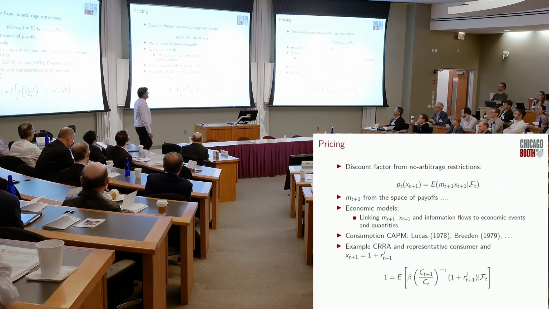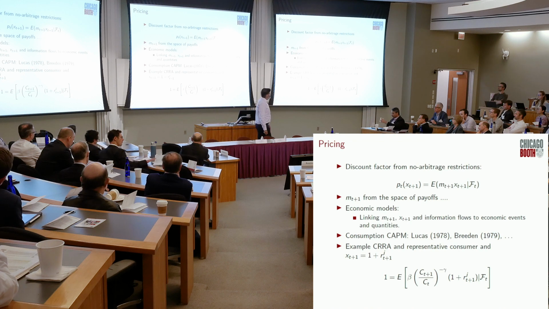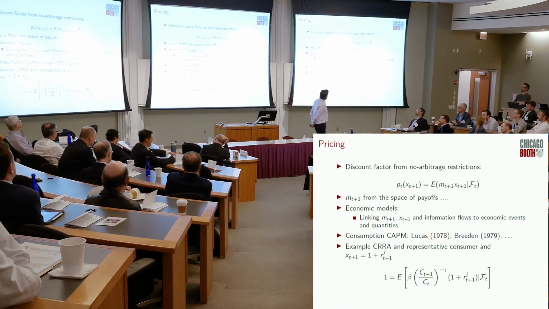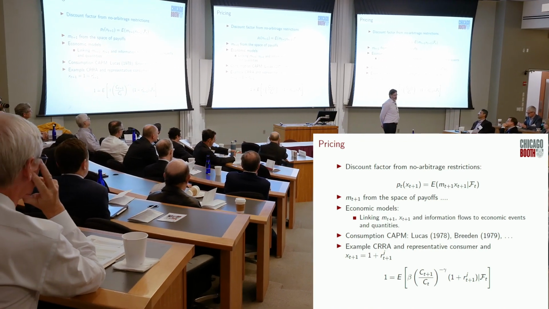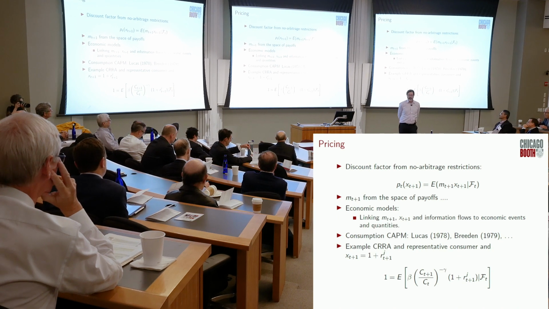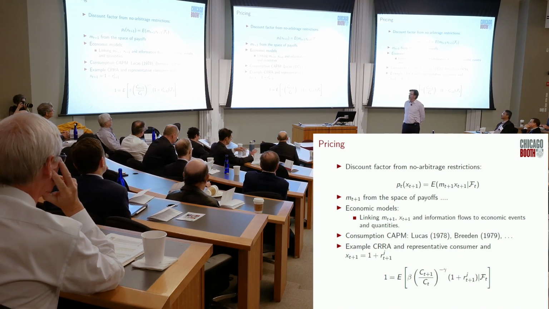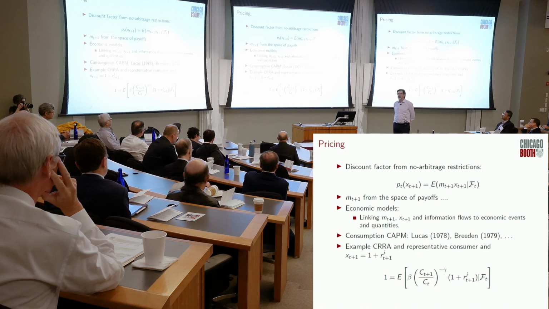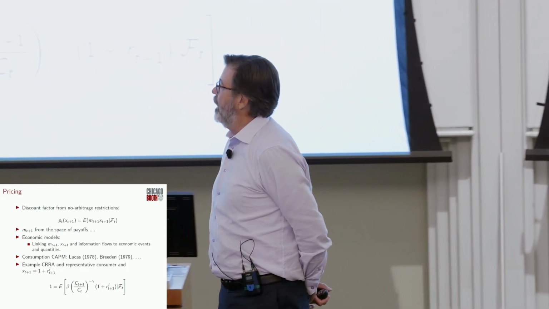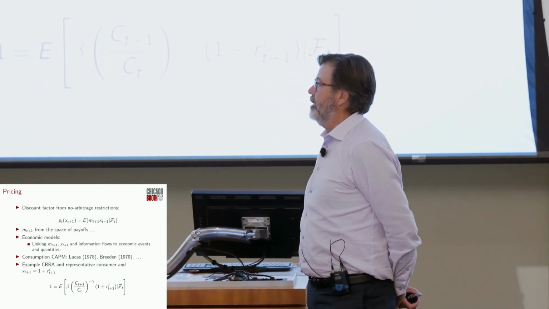Okay, so this is what Kent just talked about, really. We have this pricing kernel. We're trying to price, and I'm going to write this as price instead of talking about excess returns. The price of a security should be the expected value of this pricing kernel, discounting some payoff, and there's an F_T up there which tells us about information.